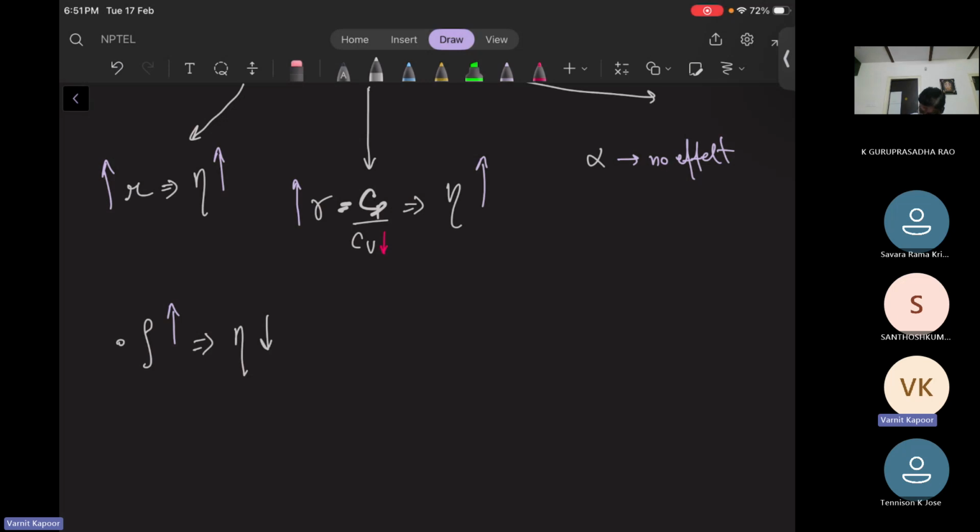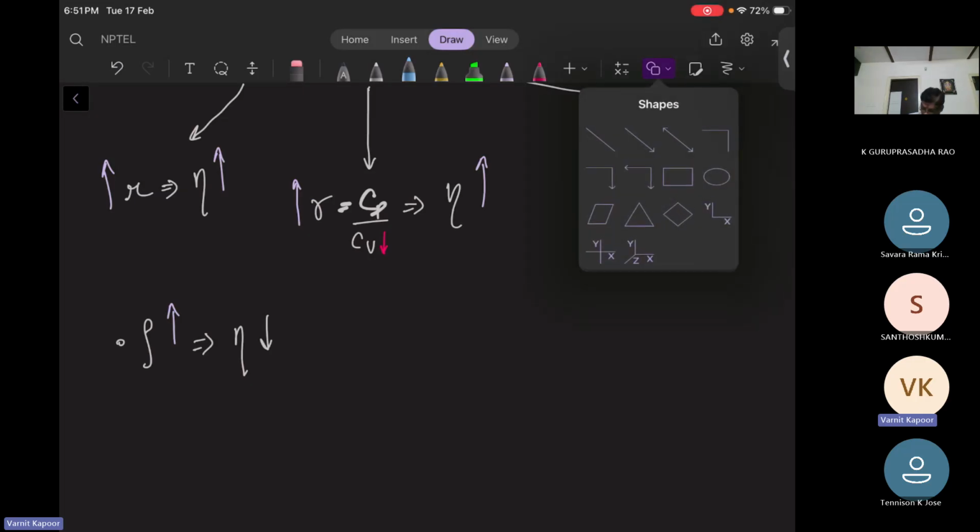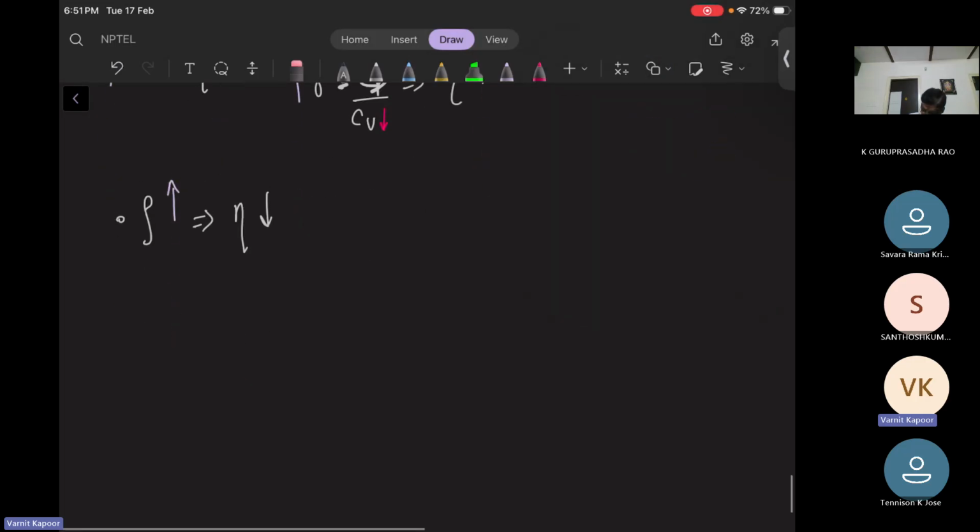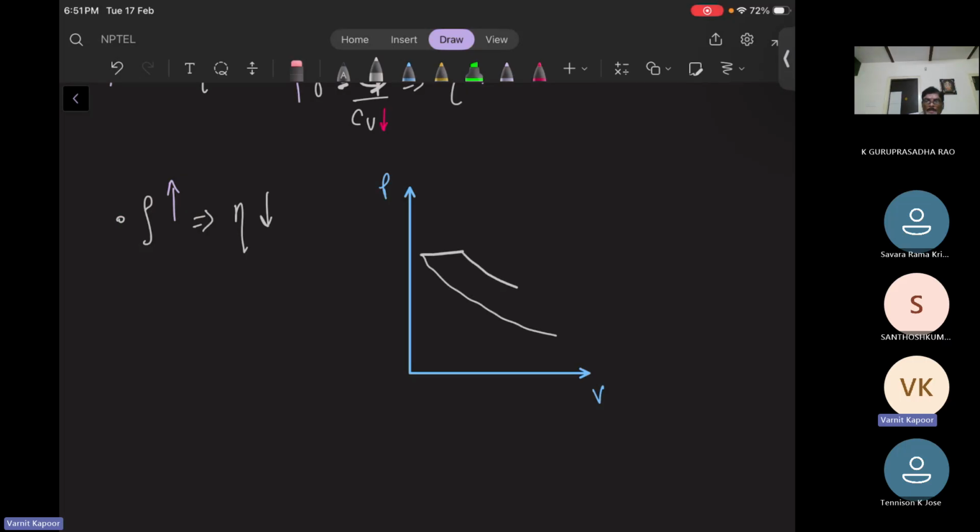Now let us understand in one graphical aspect as well. I make a graph. This is a pressure volume plot. Initially, for a diesel cycle, the cycle used to look like this.